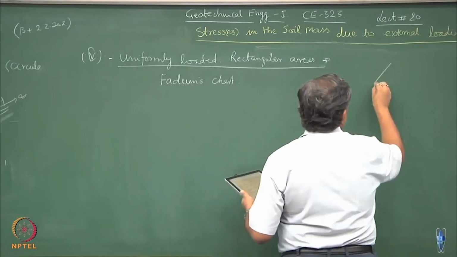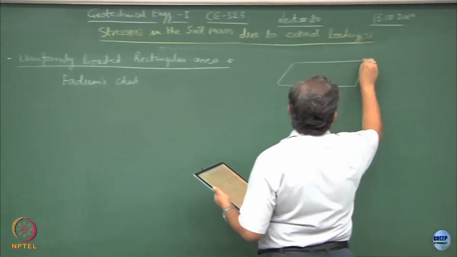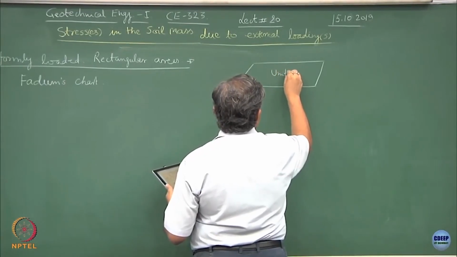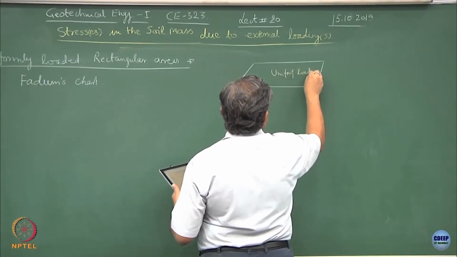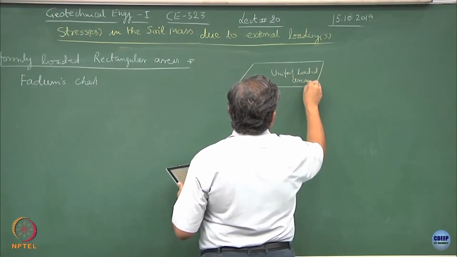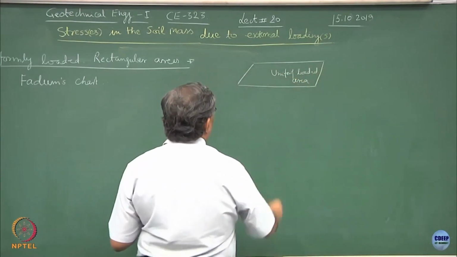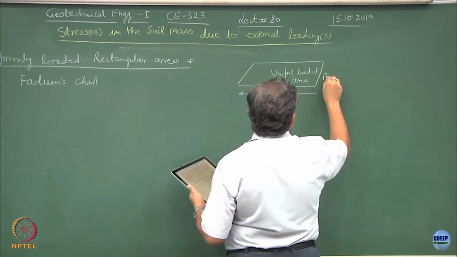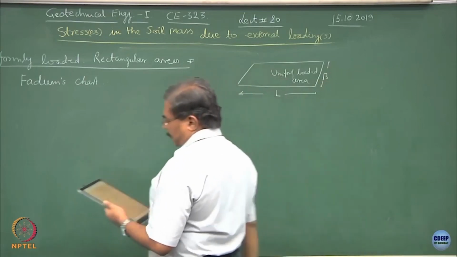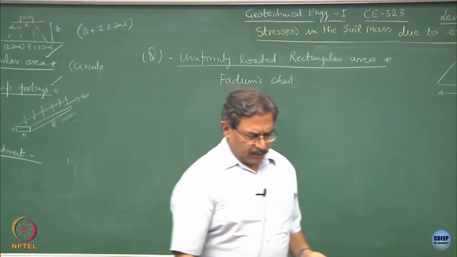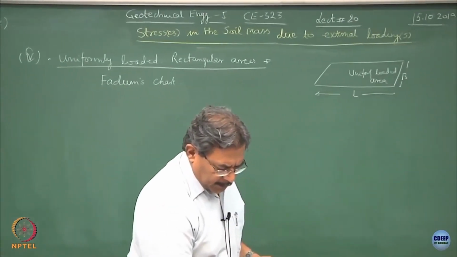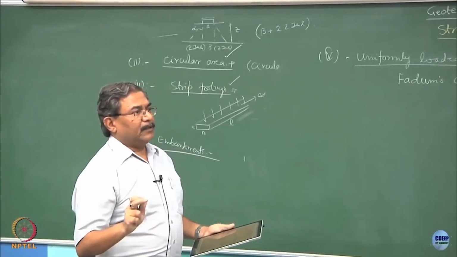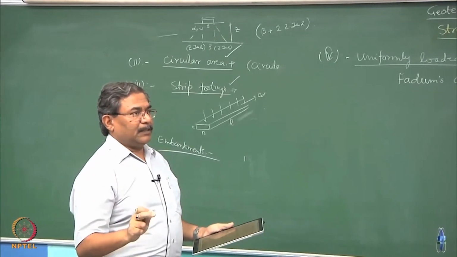The beauty of these charts is, if you have a uniformly loaded area which is a rectangle of length L, width B, please understand that these methods have limitations, or they are particular methods.